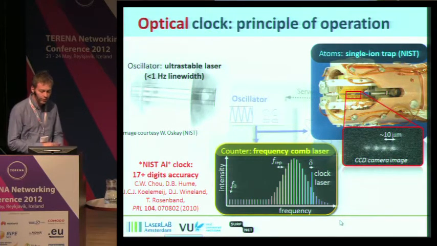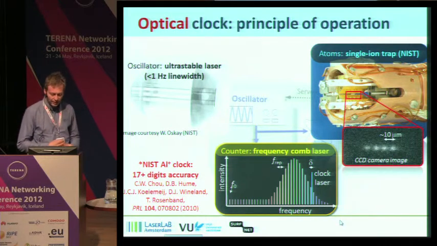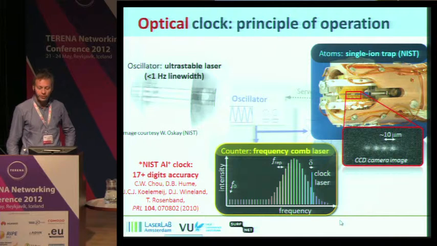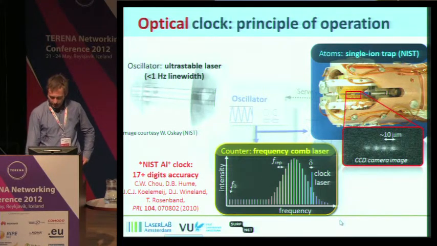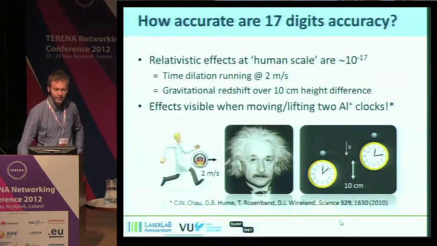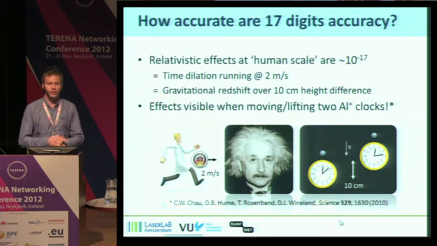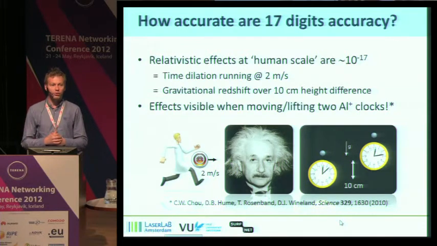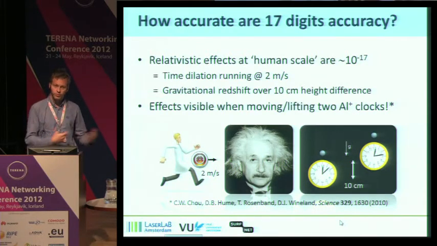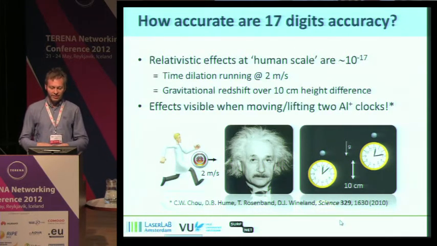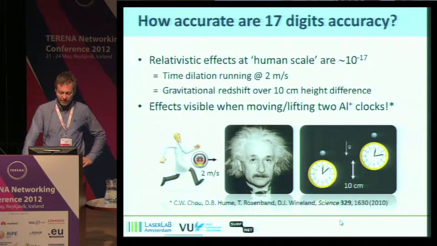The most accurate clock that was built, and I was fortunate to be part of that team in the United States, is the so-called aluminum ion clock, which now has an accuracy of more than 17 digits. Just to give you an idea of how accurate that is, these clocks are accurate enough to sense relativistic effects from Einstein's theory of relativity on the human scale. If you took this clock and walked at 2 meters per second, the clock would sense a significant delay in time, or dilatation as it is called.